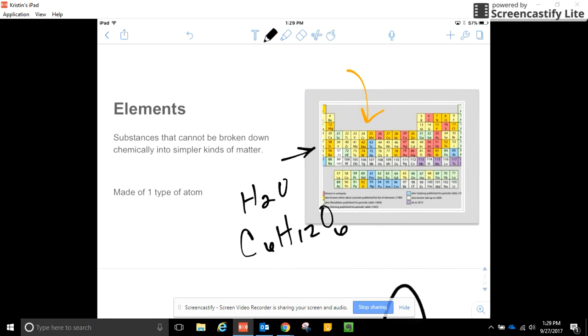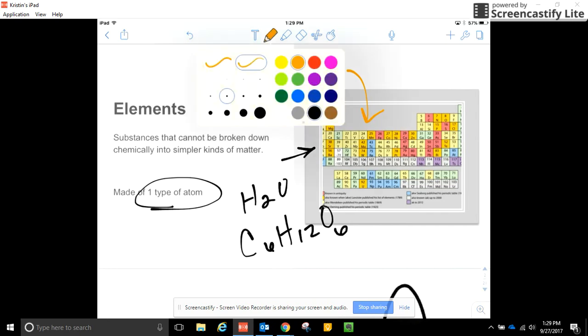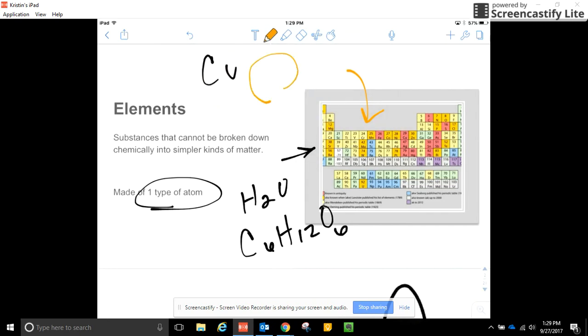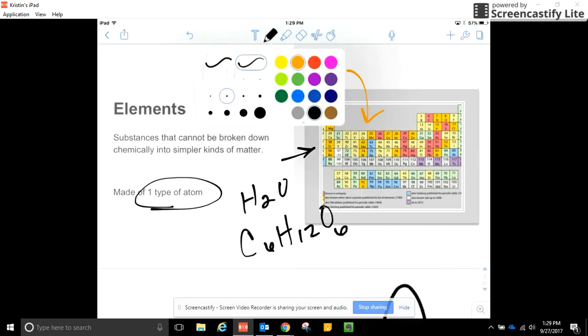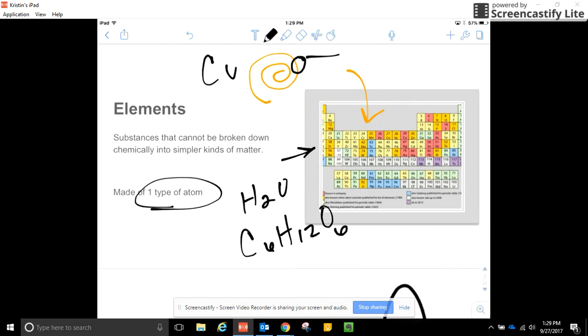And the cool thing about elements is that there's only one type of atom present. So let's just say I have copper as an element, okay? If I have a piece of copper wire, so maybe I'll draw that, and that looks like this. If I zoomed in on this piece right here, what that would look like would be little tiny copper atoms that are all side by side.